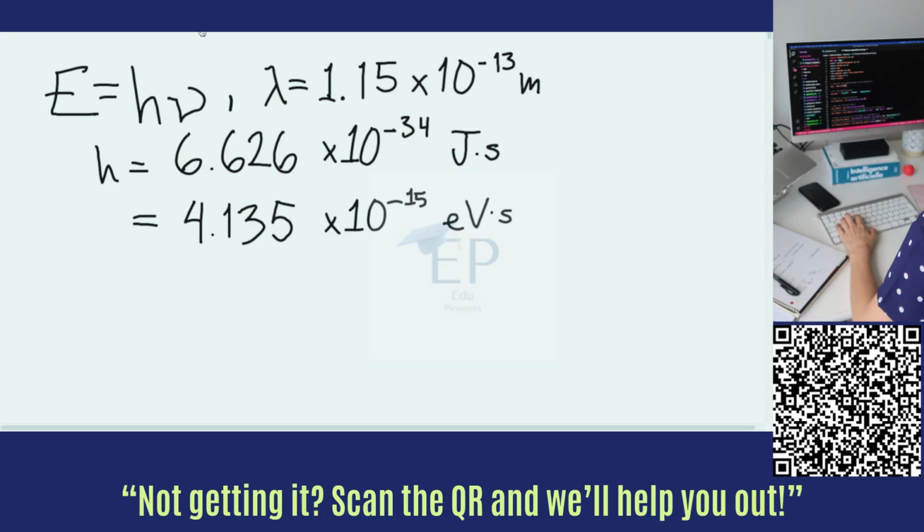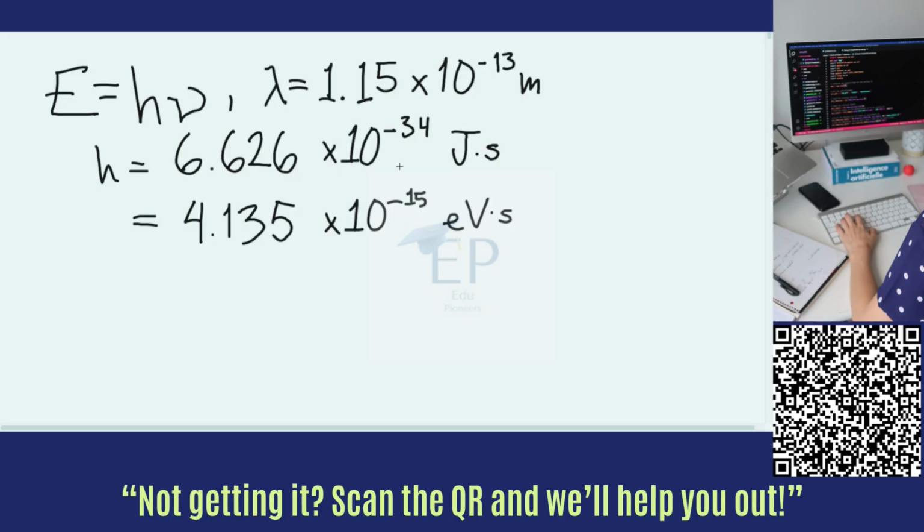For this problem, we are given the wavelength of the photon in question of 1.15 times 10 to the negative 13th meters. In order to find the energy of that photon, we're going to have to convert this wavelength to a frequency. And we'll also need to know Planck's constant.